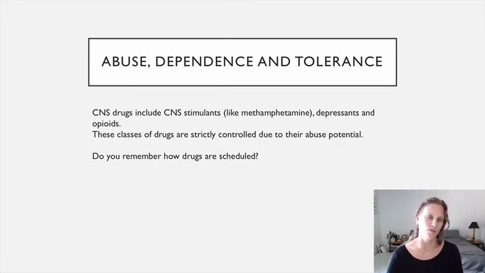The schedule of drugs ranges from Schedule 1, which is going to be used only in research facilities. Never, ever, at least not anytime soon, will you see a prescription written for a Schedule 1 drug. But any drug that's placed on the schedule, so either Schedule 1 through 5, they're placed there because they have a potential for abuse and or dependence. So that's a really important thing we have to consider when we think about central nervous system drugs.